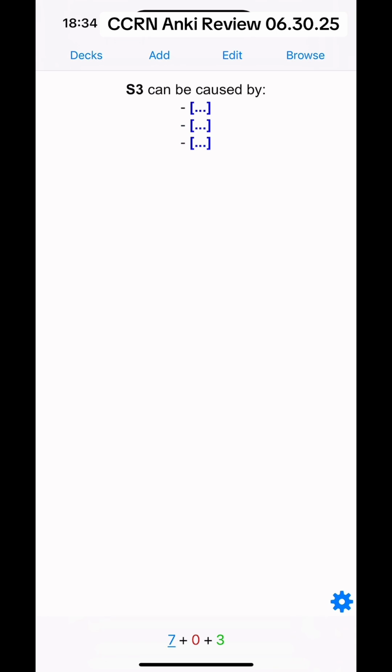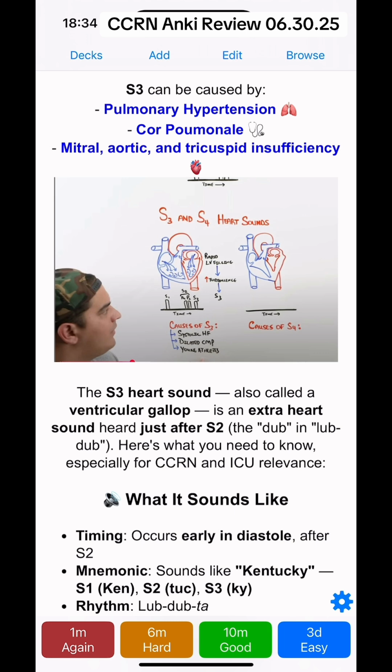S3 can be caused by, oh man, I can't remember this. I'm going to try to dig this up for active recall. I just studied a few hours ago. Fluid overload, that's what it is. Congestive heart failure is going to be our top one. So pulmonary hypertension.